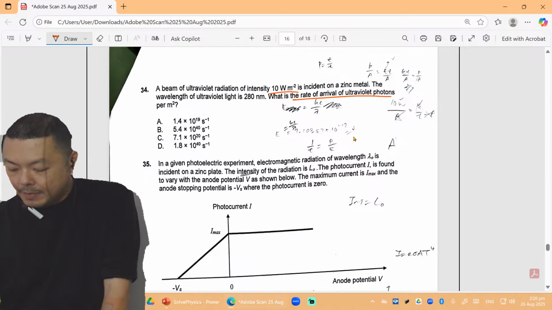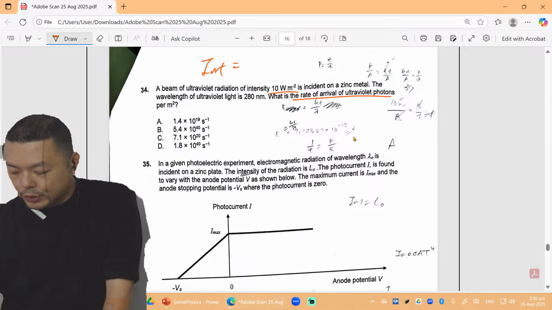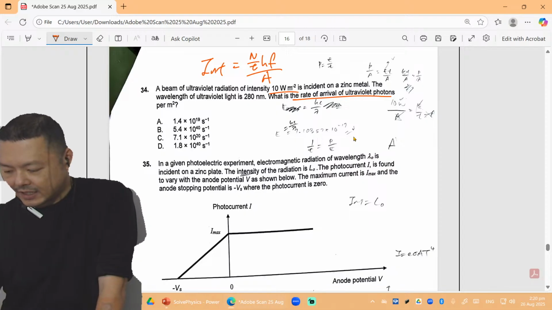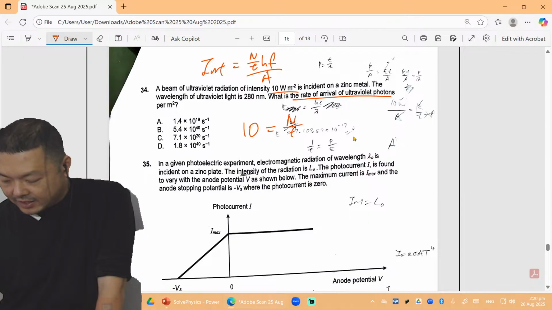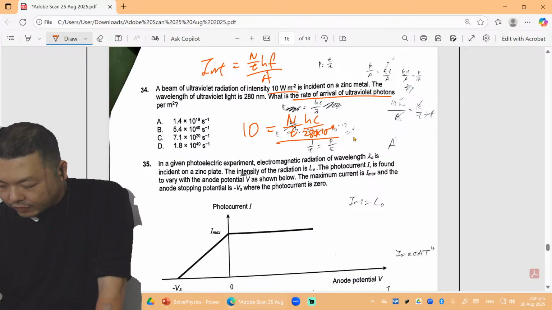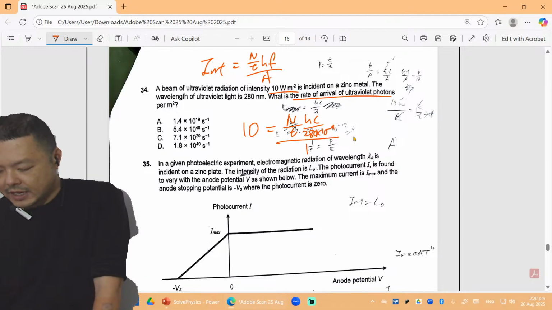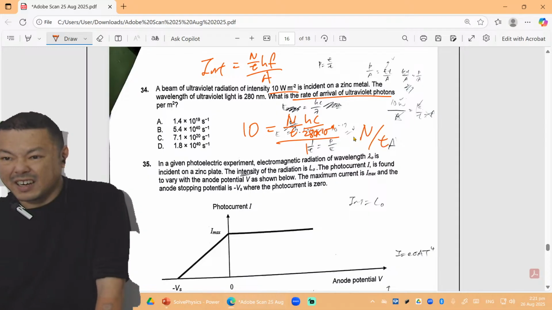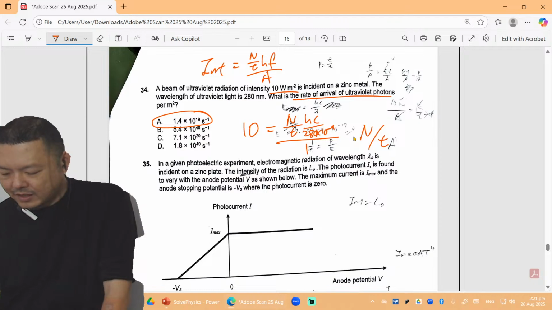Intensity equals N over T, hf over A. So it's 10 equals N over T, hc over lambda, 280 times 10 to the power of minus 9, over 1 meter square. So you can use that and find N over T. That's it. Which is A, I'm assuming.